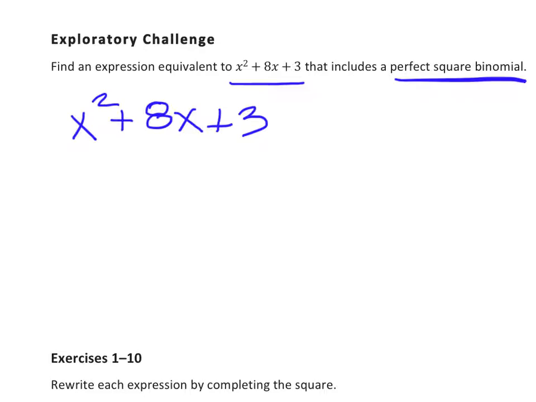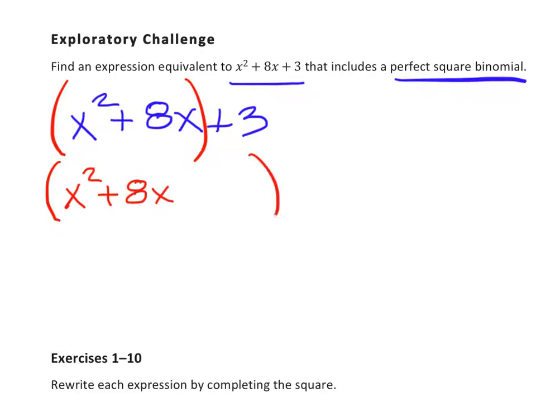Here is how you do it. First, you want to isolate these first two terms, x squared plus 8x. And from that, you want to generate the third term in there that would make that quantity a perfect square.